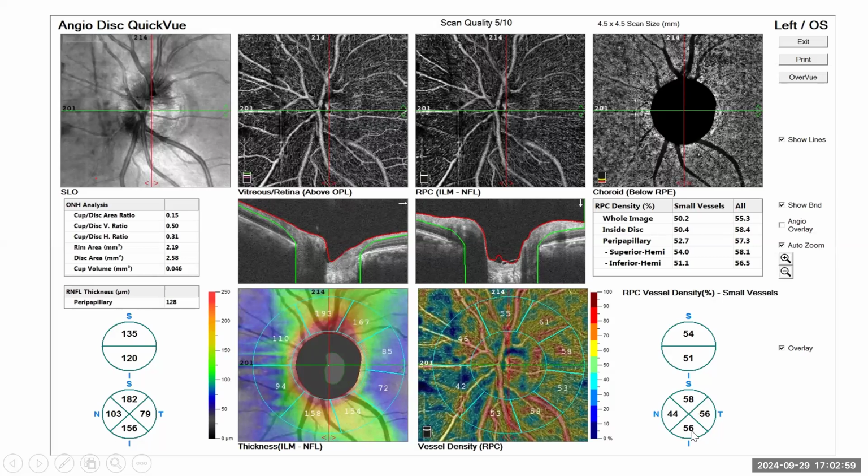Inferior is 156, the vessel density is 56. Nasal is 103, the vessel density is 44. That is to say, we have more fibers sharing fewer capillaries in the superior quadrant, 182 and 58, and inferior, 156 and 56, compared to the temporal quadrant.